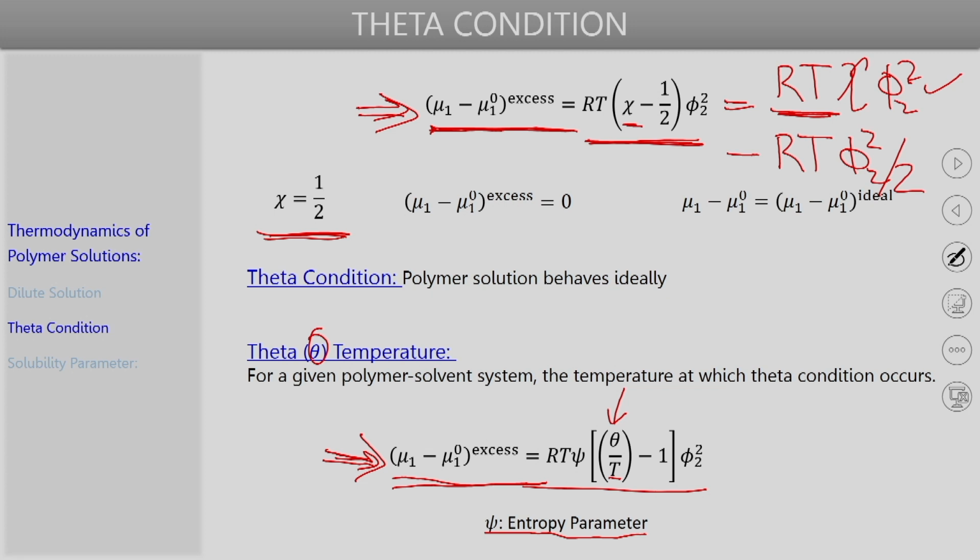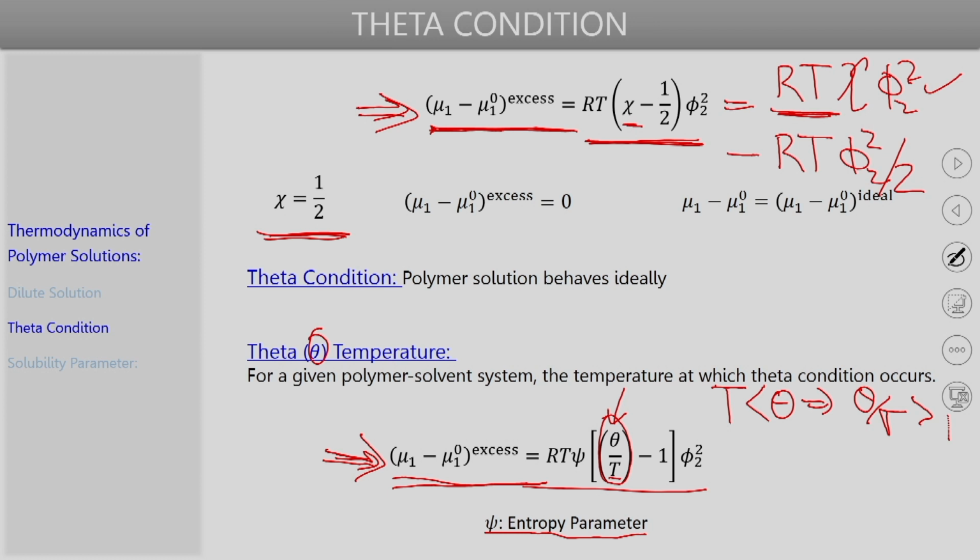Let us consider the case when T is less than theta. So, we have our polymer solvent system at a temperature which is below its theta temperature. If T is below theta, then the ratio theta by T will of course be greater than 1.